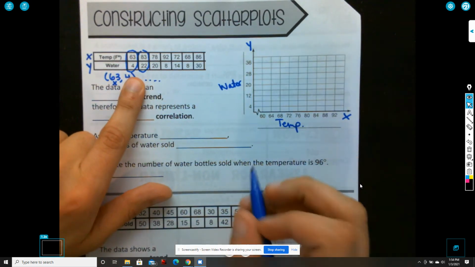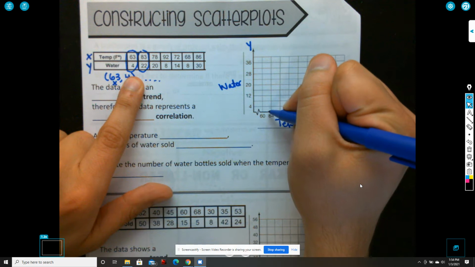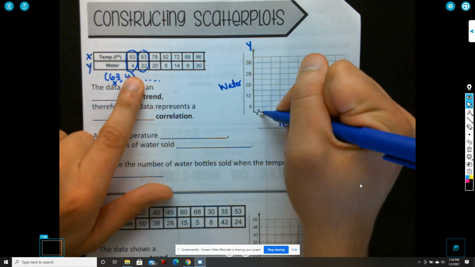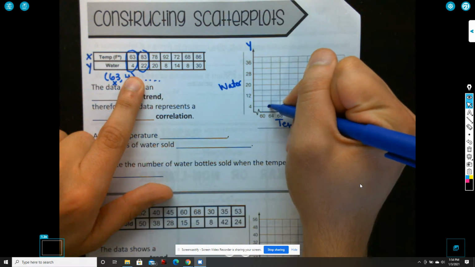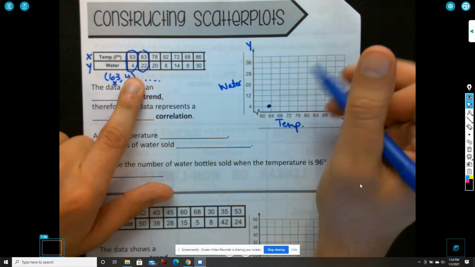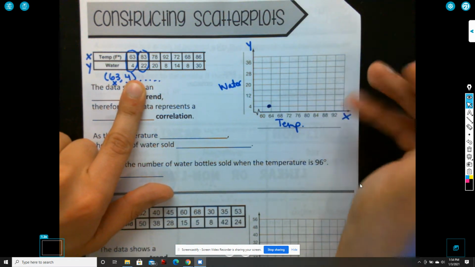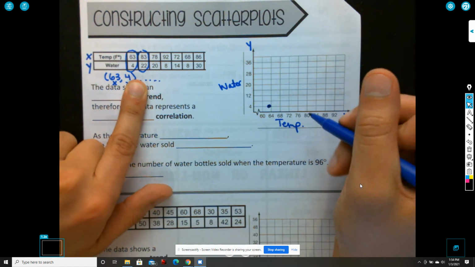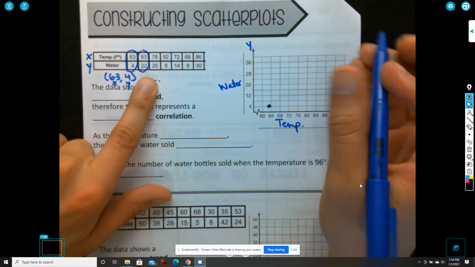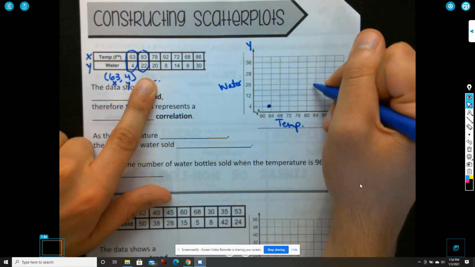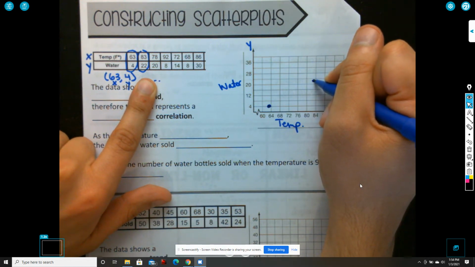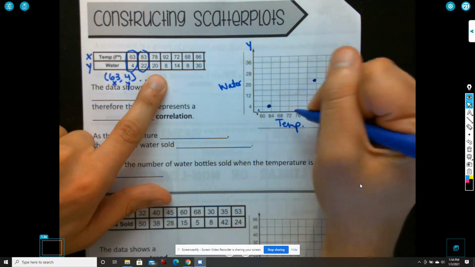So 63.4, 63 is about right here. So go over to the right 63, and then up 4. This graph isn't too precise, but for these purposes, you can just estimate. So 83.22, about like that. 78.20.